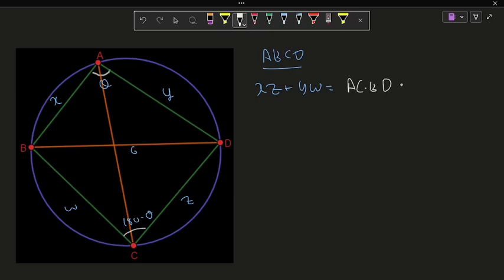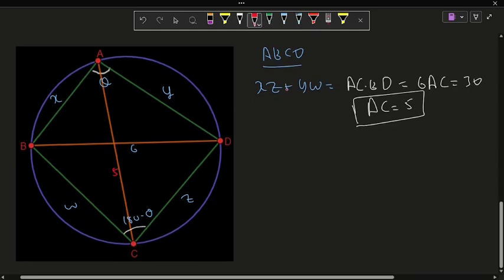We are already given BD as 6, so it is 6 AC, and this is given as 30. So from here we get AC equal to 5. Cool. So now we have completed this quadrilateral. This AC is simply 5.